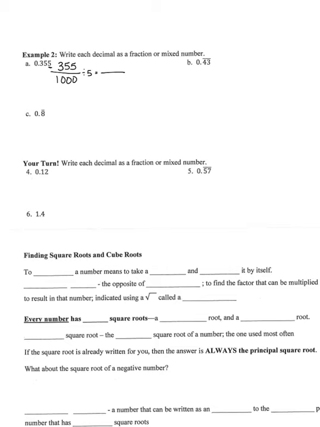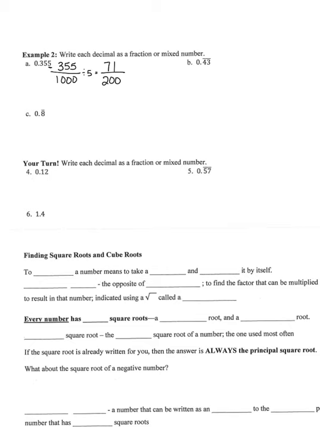So 355 divided by 5, and this is where when you're working this out, you can use a calculator to do this, but for everything else, I ask that you do not use your calculator. So 355 divided by 5 is 71, and 1,000 divided by 5 is 200.